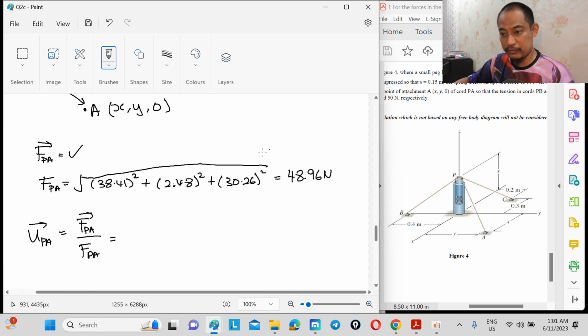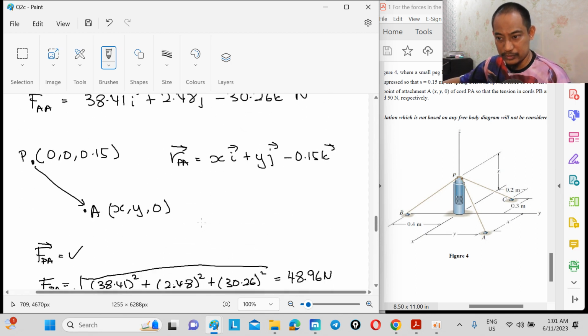So basically you'll have 0.7845i. Is it positive? Positive.